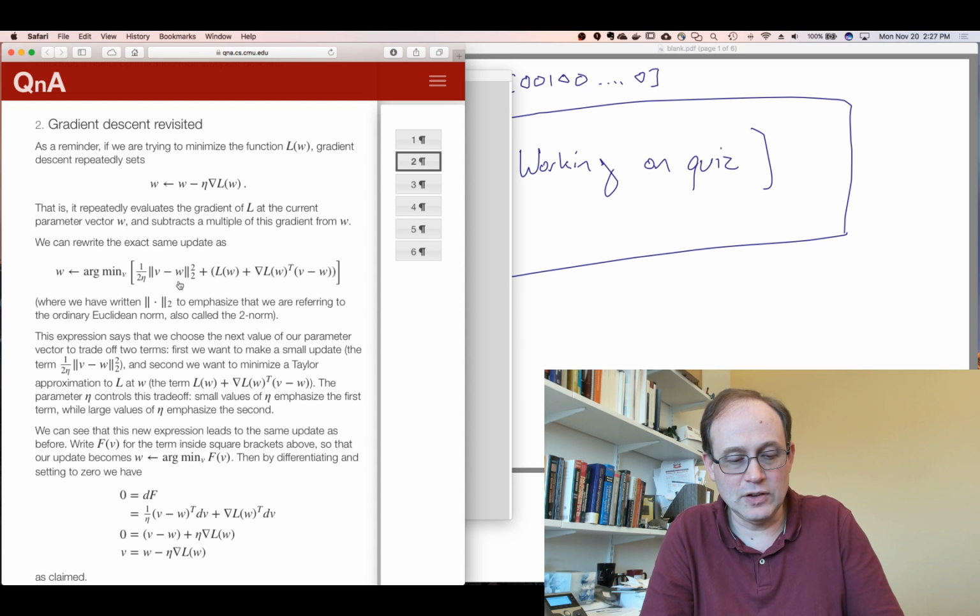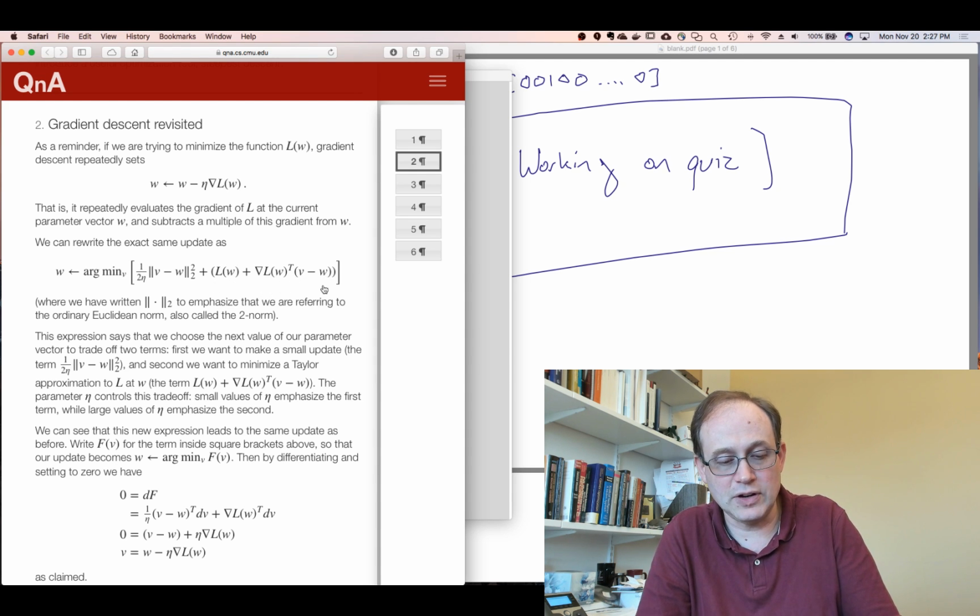This expression is going to be two terms. One term here says to stay close to our current parameter w, and that's weighted by a factor 1 over eta. And then this other term is a first order Taylor expansion of L around w. It's L of w plus the gradient of L at w times the difference.